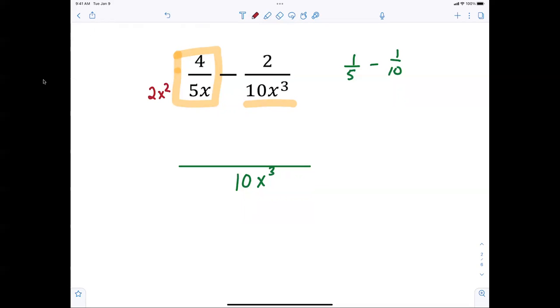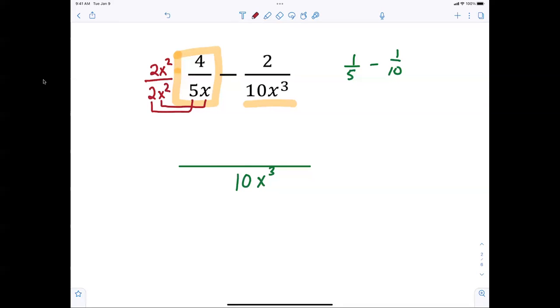The reason why I need to multiply by 2x squared is because what's 2 times 5? 10. And what's x squared times x? That's all we're doing. So now I'm going to put 2x squared. So the first numerator will be what? Come on. 4 plus 2x squared.